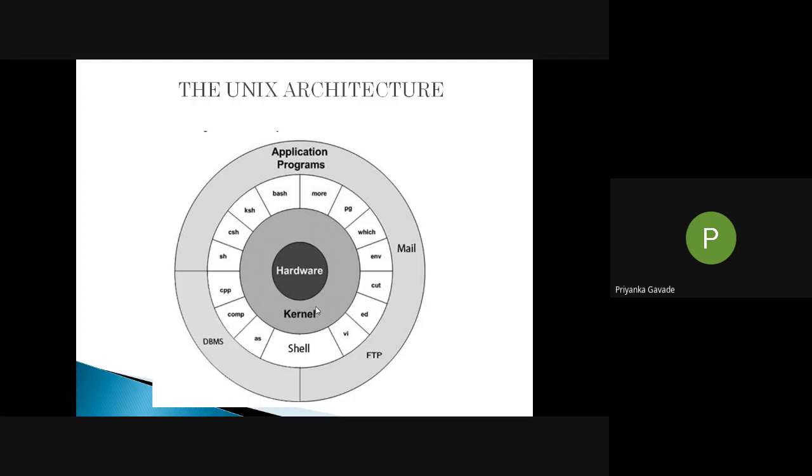So the shell performs the role of the command interpreter, right? Whatever command you type in, what processing is to be performed and what response is to be displayed is all taken care of by the shell. Even though there is only one kernel running on the system, there could be several shells in action.